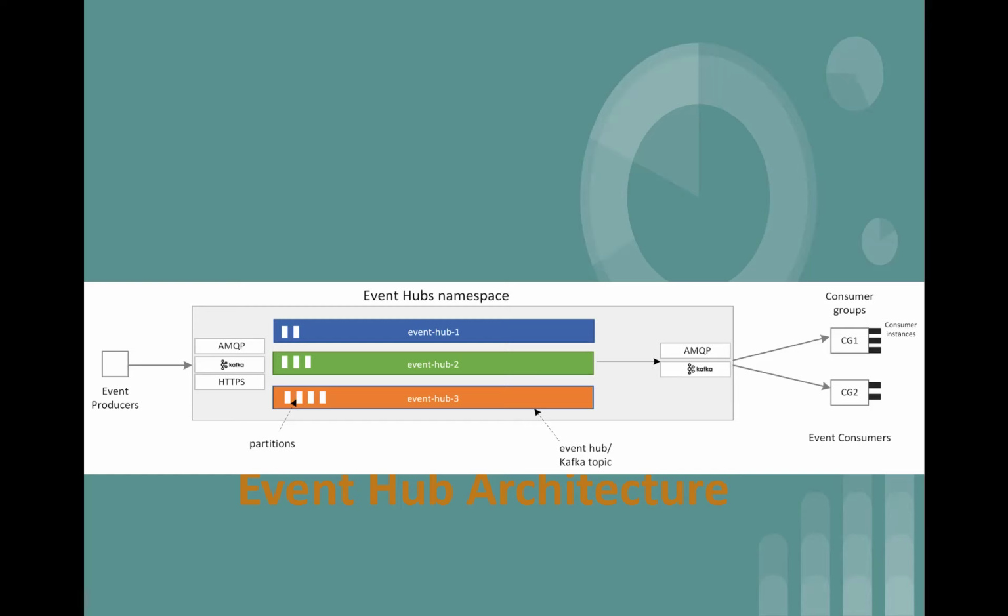So there is a hub center. Let's think of it as a water storage, a water tank. There are inlets where water is pumped into the tank, and there are outlets where the water is flowing out to different sources. And in the tank, the water will be stored for a certain period of time. So same nomenclature from the pub sub, now it's called producer and consumer.